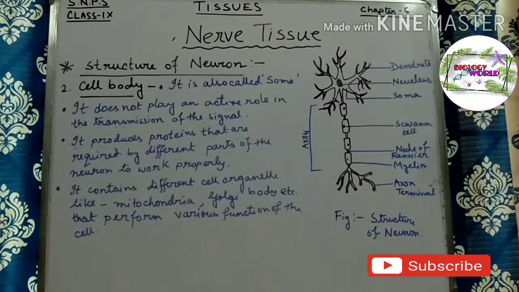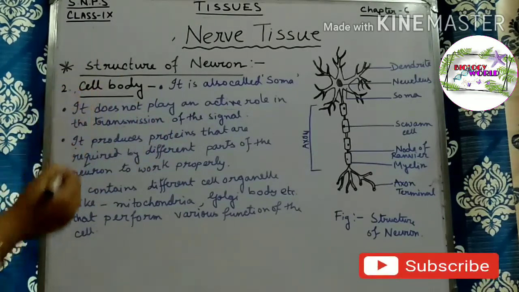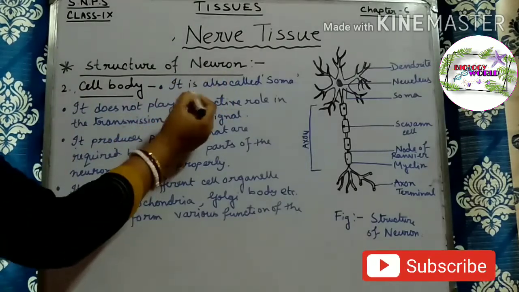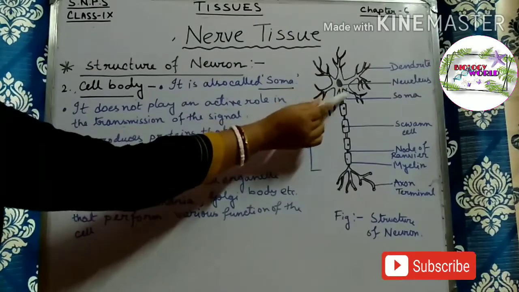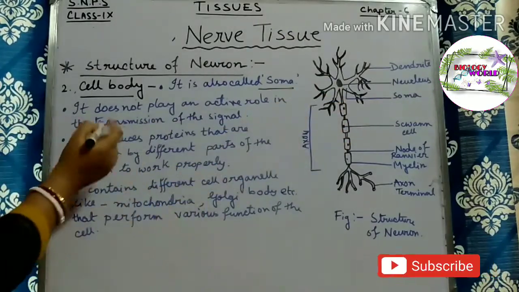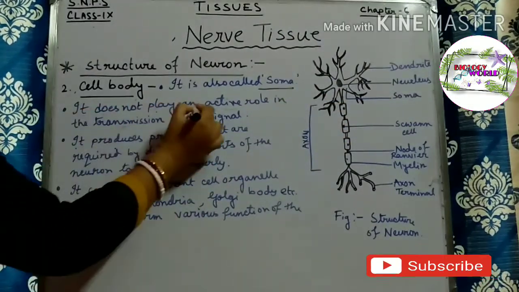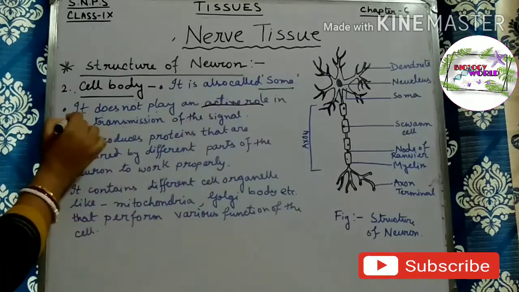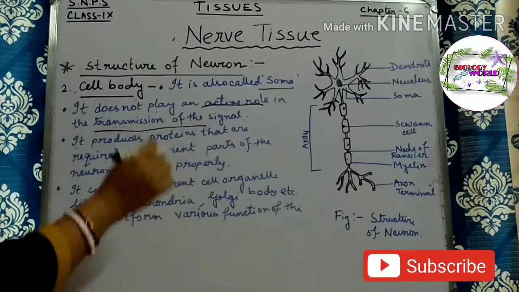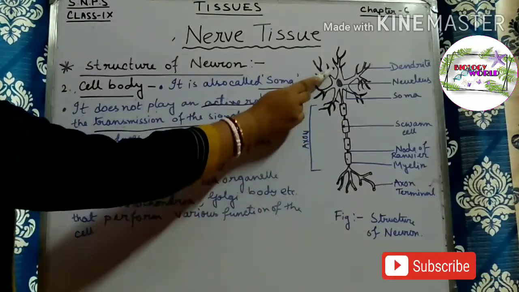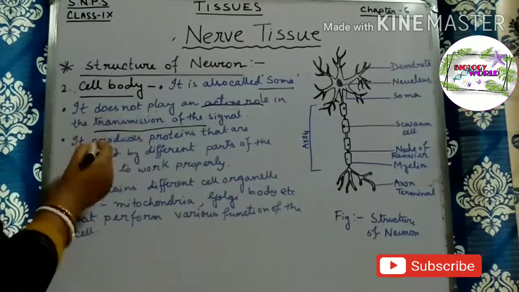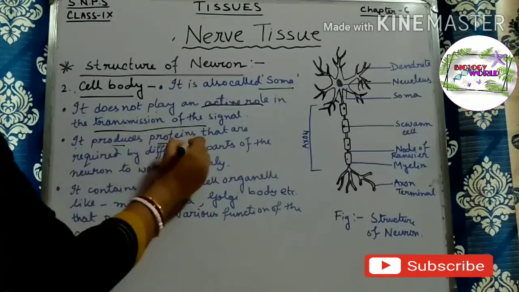Now we will see the next structure, that is the cell body. It is also called soma. It does not play an active role in the transmission of the signal. It produces proteins.